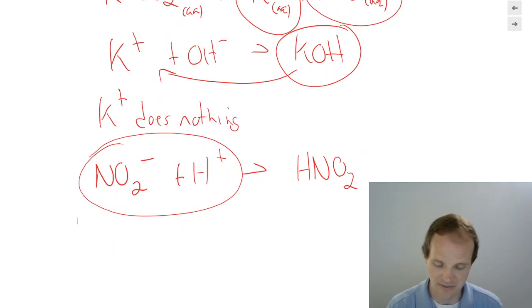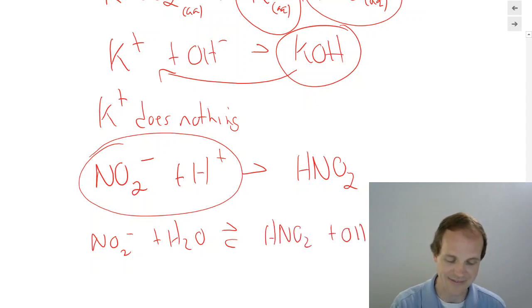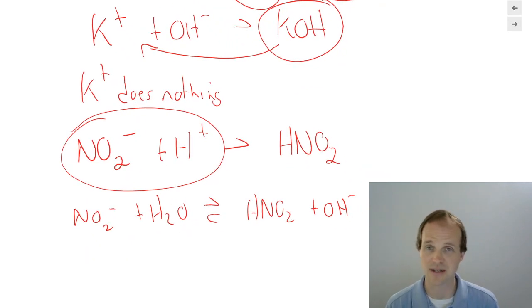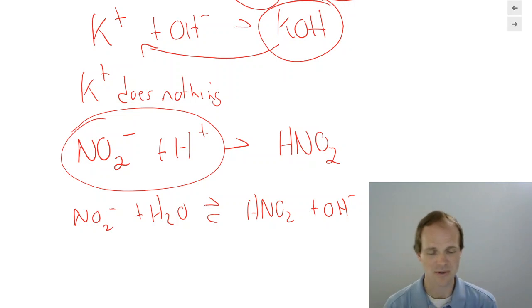Now another way to think of this that's sometimes a little bit easier for people is that what it's really going to react with is the water in solution. And it's going to take away an H+ from the water, leaving behind OH minus. Instead of saying it's going to extract H+ from solution, which leaves the question of what that leaves behind, the answer is less H+, and less H+ means more OH minus.